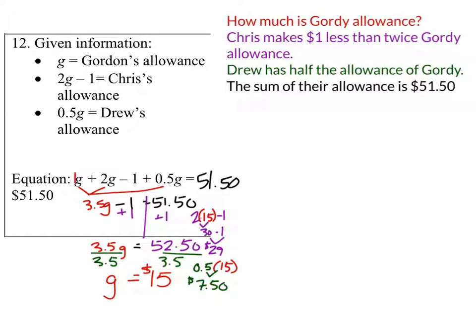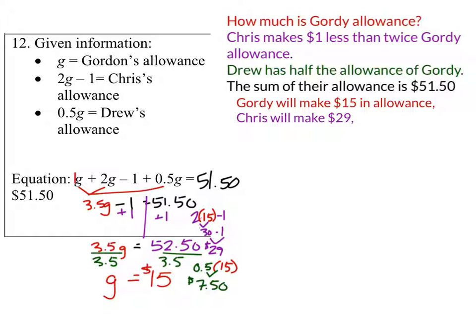Gordy will make $15 in allowance. Who was the next guy? Eric? Chris, thank you. I was close. I was pretty close. Chris will make $29.